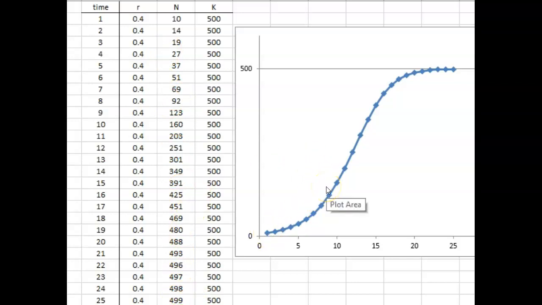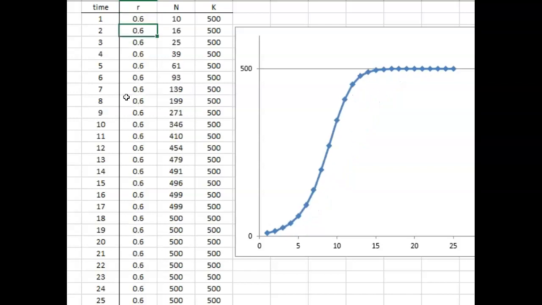Right, so now I want to think about what would happen in this population if we adjust that value for R, for that growth rate. So let's say we go from 0.4 to 0.6. What we should see is that the curve is similar, but goes up a little faster.